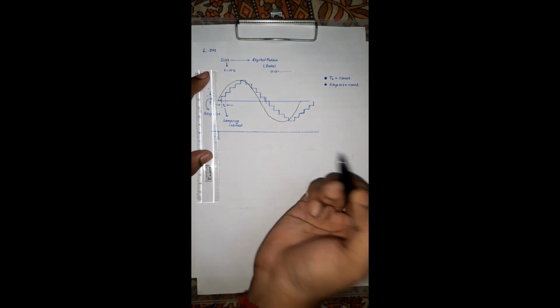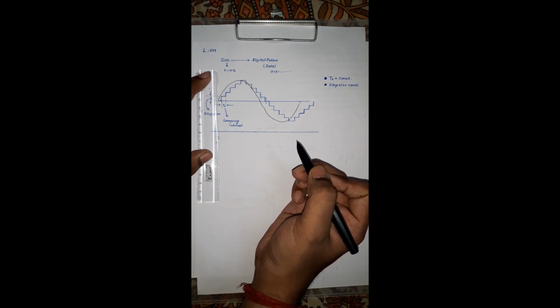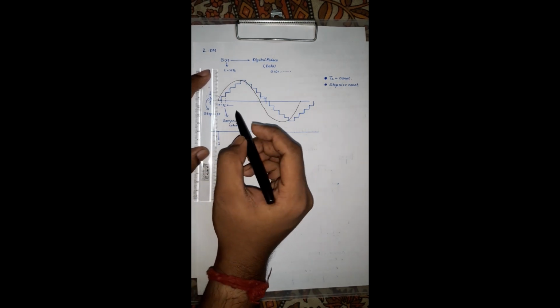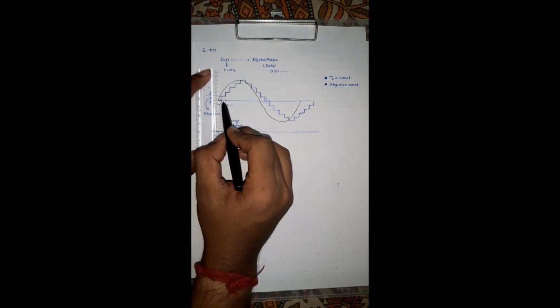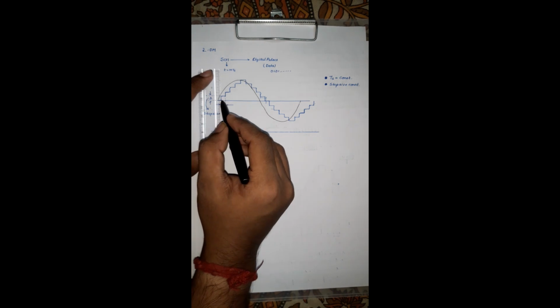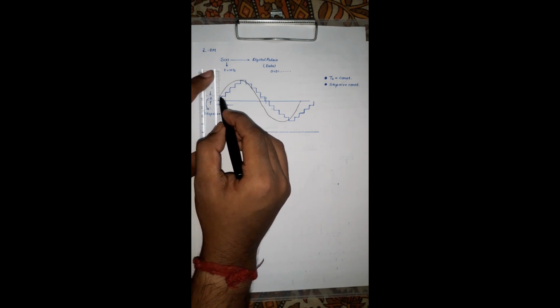For the first interval, I am assuming the first code is 1. When it samples the next interval, it will continuously compare the present sample with the last sample.